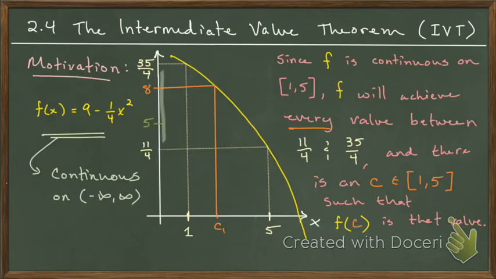Say 5 for a y value. There's a corresponding c that when I plug that into my function, I get 5. Let me write out the theorem for you in all its details, and I want to go through the logic of how it works, and then we'll look at an example.